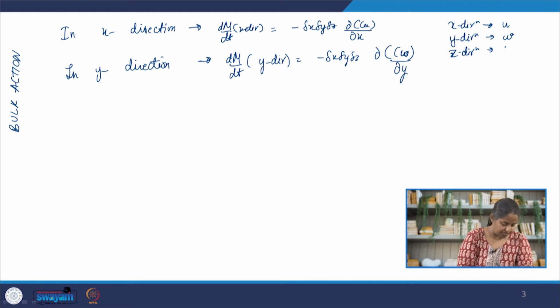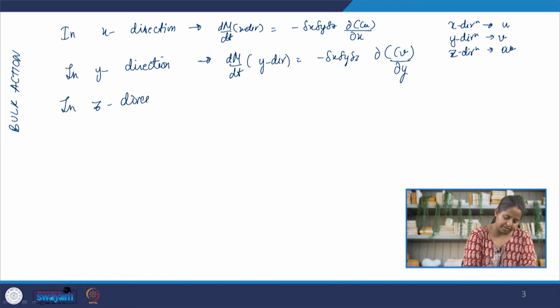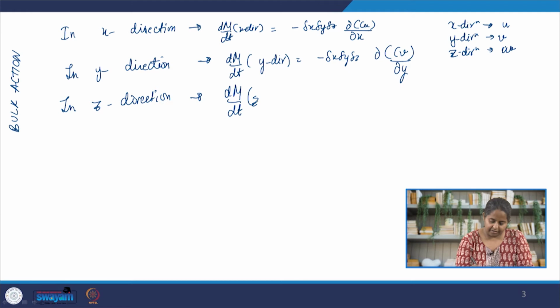So let us make this v and this w. Okay. So in y direction the velocity of wind is v, so I am writing v. Now in z direction the bulk action dm by dt due to bulk action can be similarly written as minus del x del y del z Cw by del z. Alrighty.